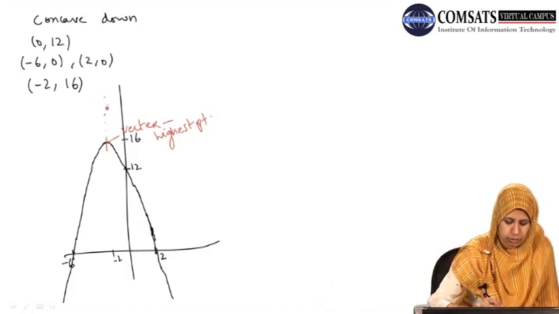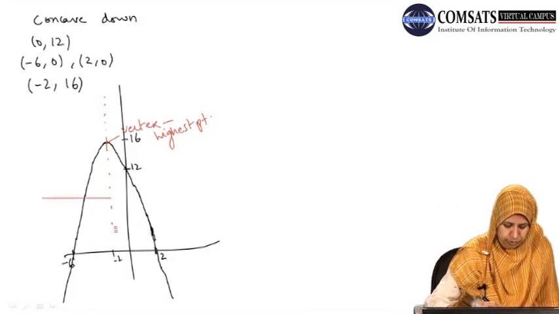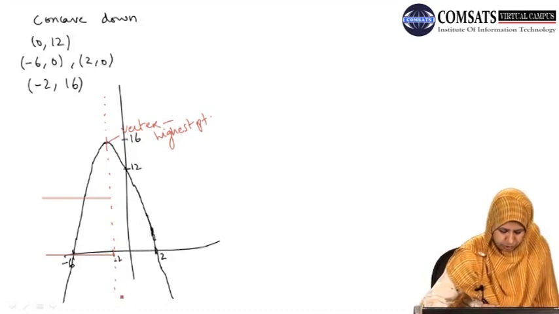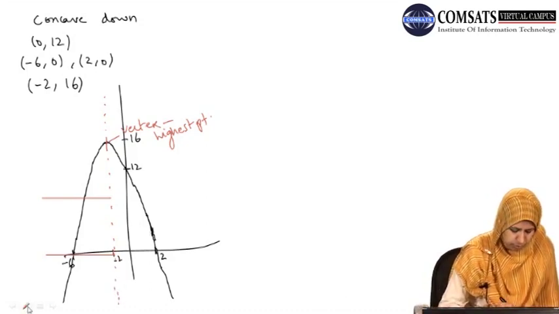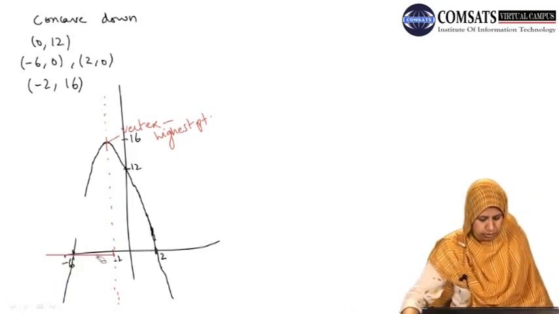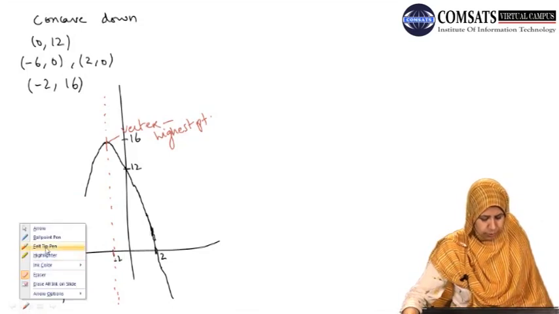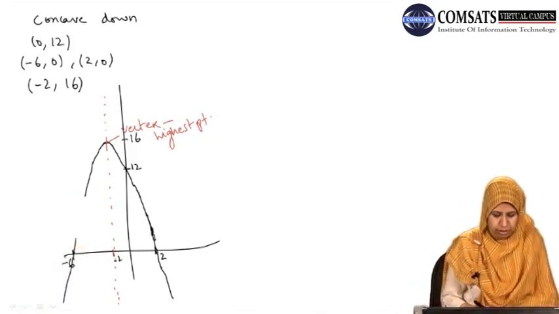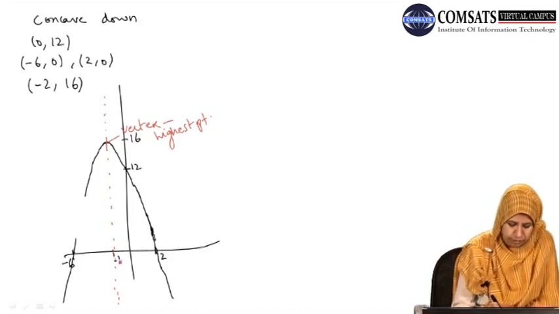And the last thing is the axis of symmetry, the vertical line passing through this vertex. We have some unwanted horizontal lines. Okay, we may erase them first. This line gone, this line gone. Okay. So this line is our axis of symmetry.